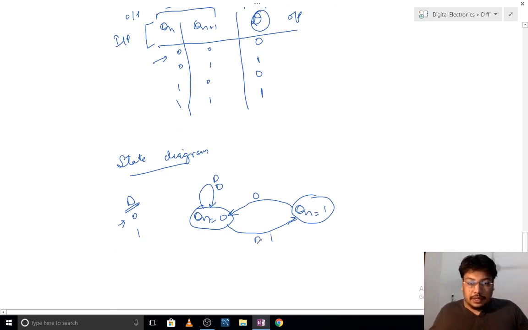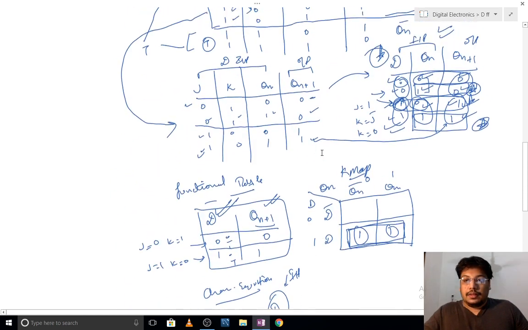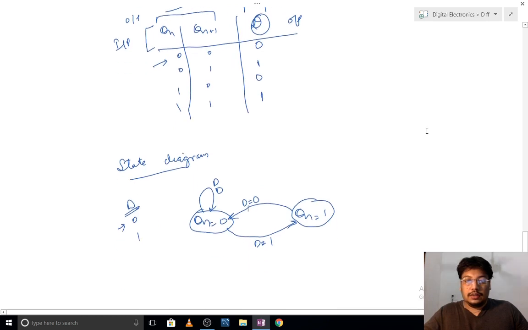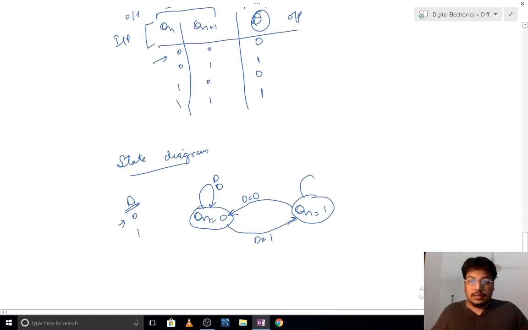And if D is 1 and Qn is 1, then the output is 1 only. So here D equal to 1. So guys, this is the state diagram of the D flip-flop, used to delay, right? It will act as a memory. Okay, thank you so much.